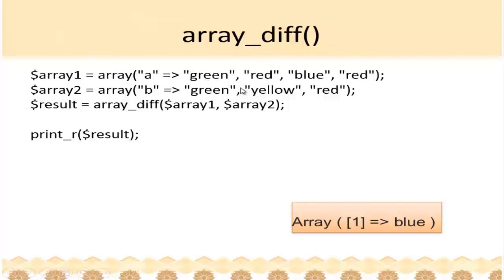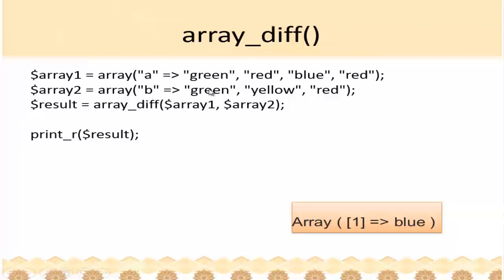So I have an array here with green, and green is also there in the other array. Red and yellow, these are not matching. Blue and red is there, and the other one is there. Now, if I say, okay, find me the difference, what am I going to get? It's like subtracting one from the other.